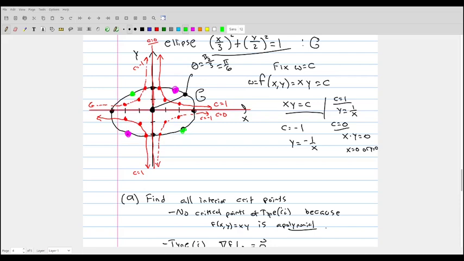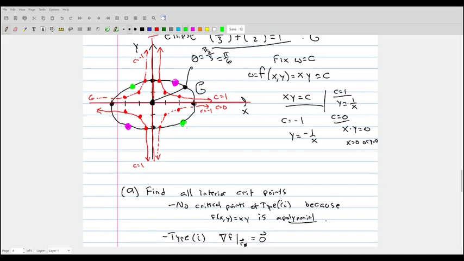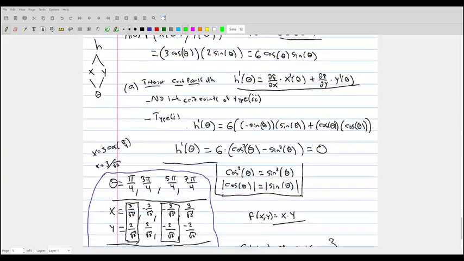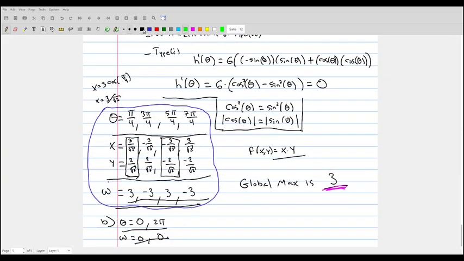It occurs here and here, where the function hits a value of negative 3. The value of negative 3 occurs at this point right here, and this point right here.